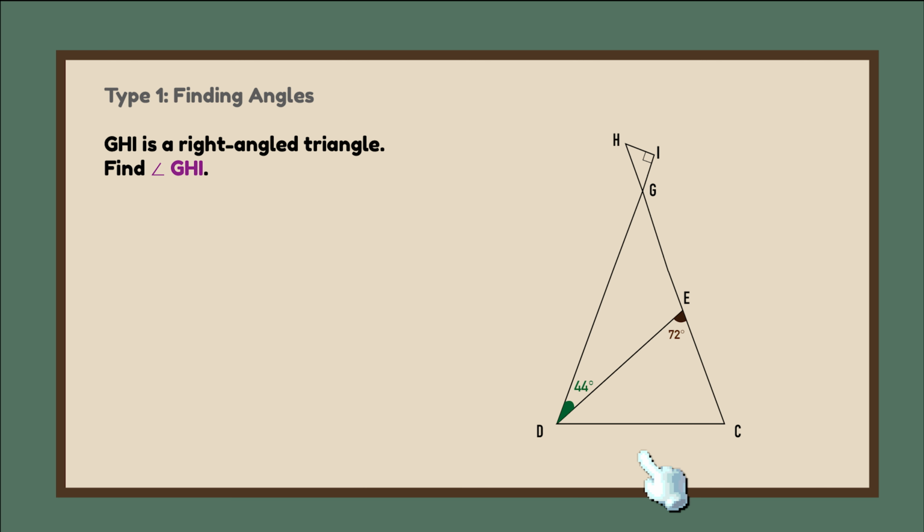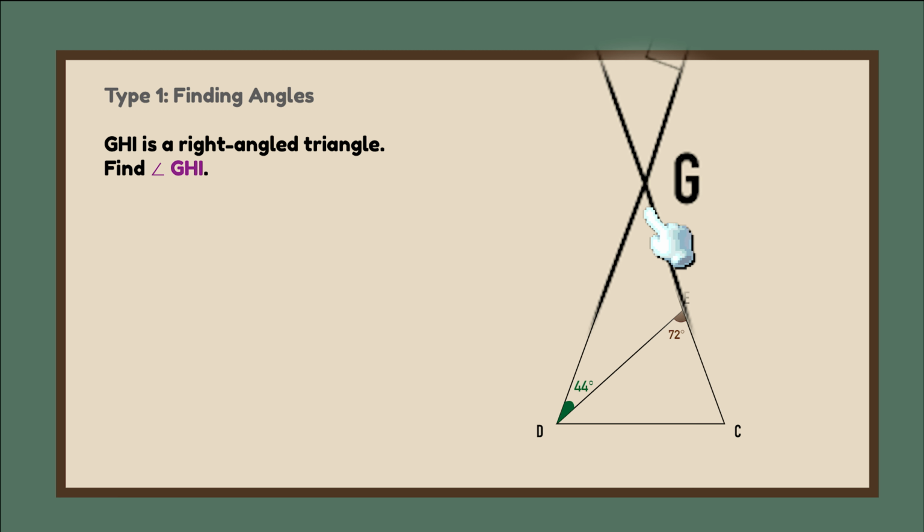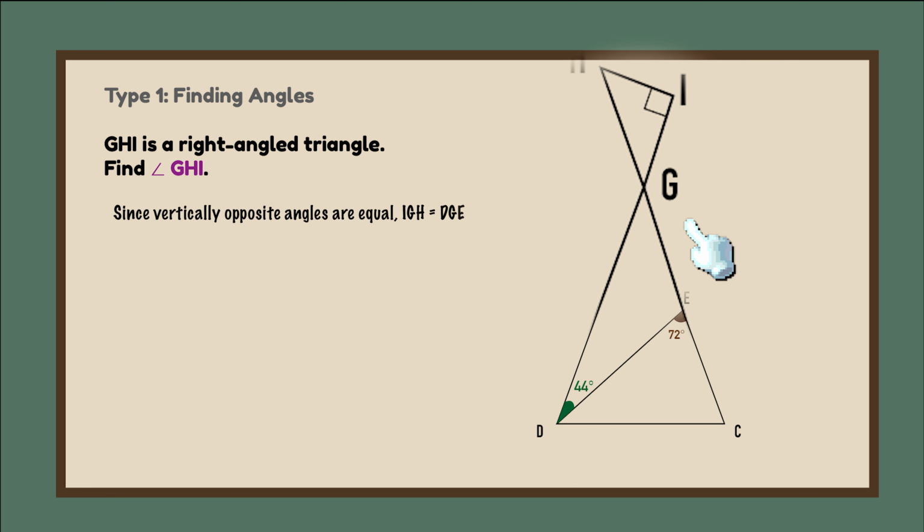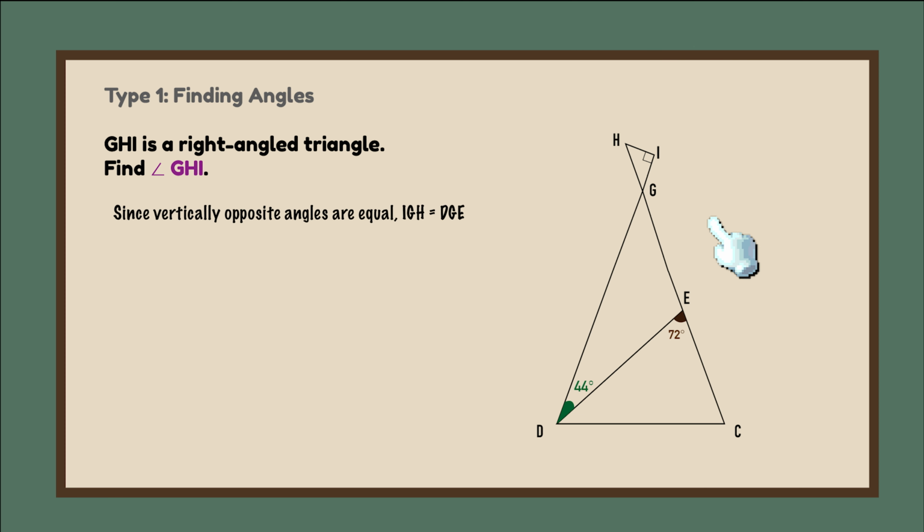So GHI is a right angled triangle and I want to find GHI. Okay, so I see this cross over here, which means that these two angles are equal, right? Because of vertically opposite angles. So I need to find DGE first. And I can take 180 degrees minus GDE, which is 44 degrees, minus DEG, which is 180 minus 72 degrees.